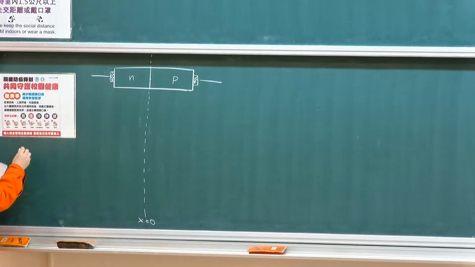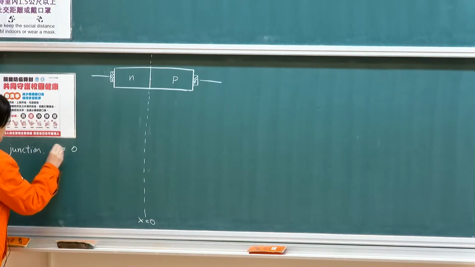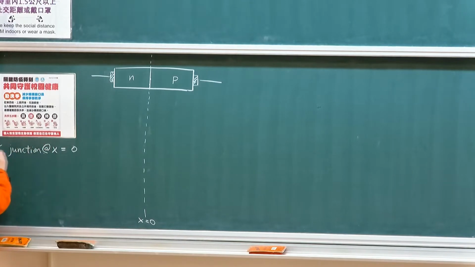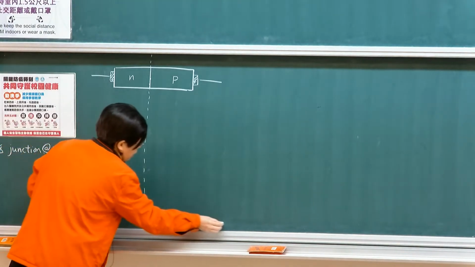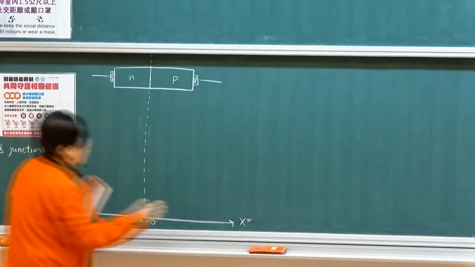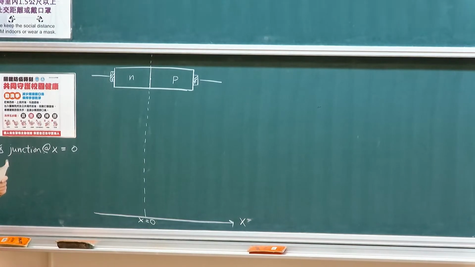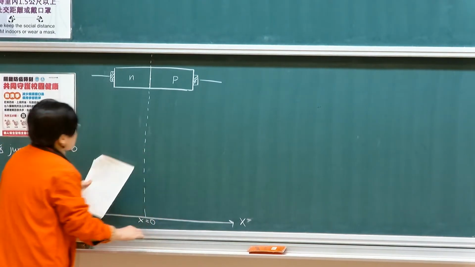This is just to note that we have a junction along this dimension, at x equals 0. Along this line, x is positive. We're going to do a few graphs. I'll see if it fits into this page, but it will be slightly more difficult.